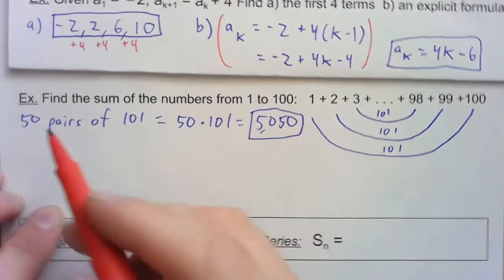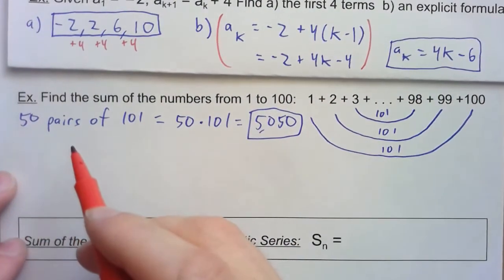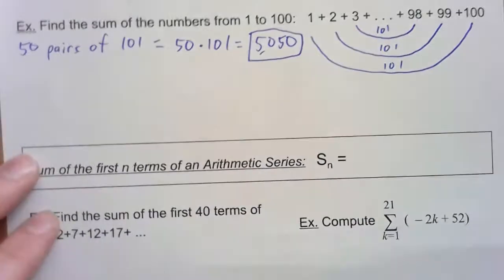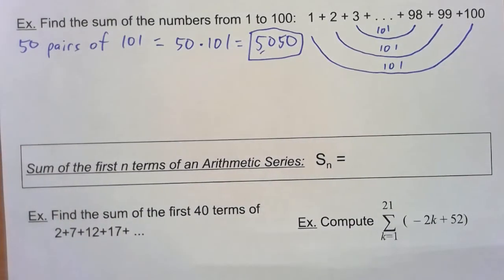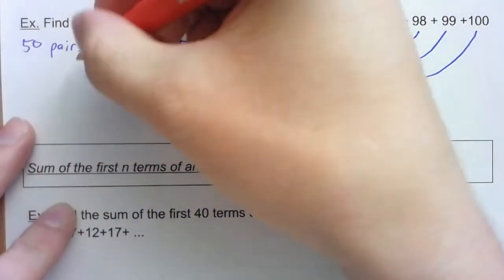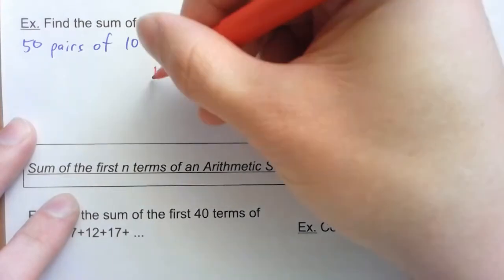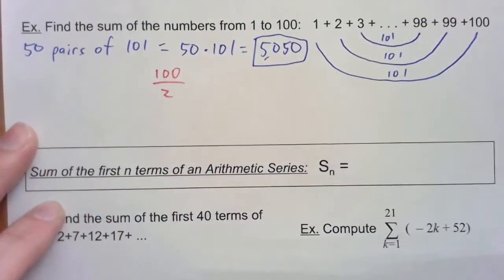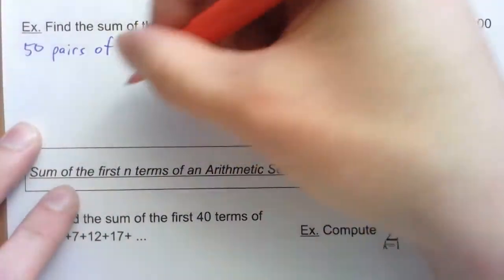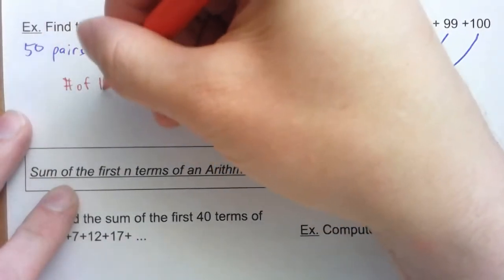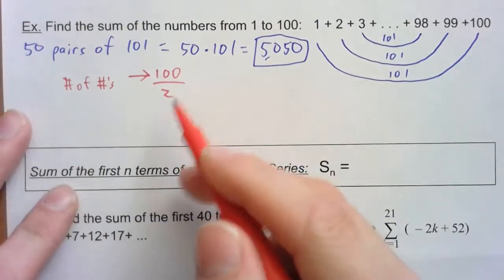All right, so how do we figure out the number of pairs? There were 100 numbers, so we did 100 divided by 2. We took the number of numbers and divided by 2.